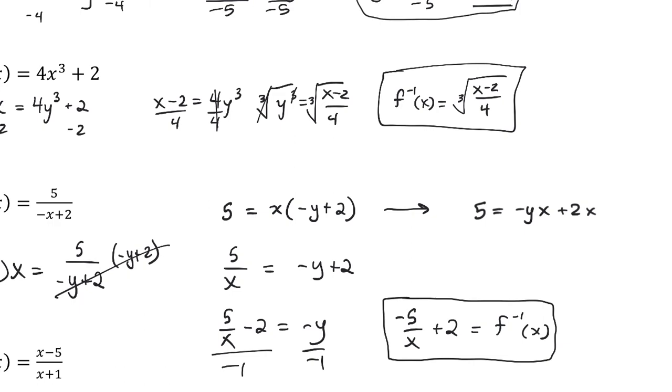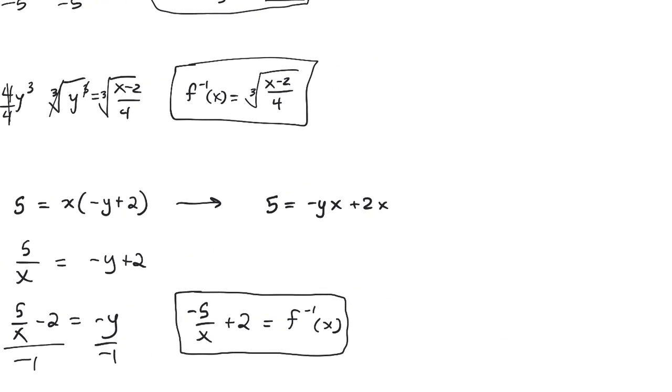So I'm going to subtract the 2x over. So that would be 5 minus 2x equals negative y times x. And then you would divide by negative x. So then you'd have 5 minus 2x divided by negative x. And that equals y, or the inverse. So that's also a correct version of the answer.